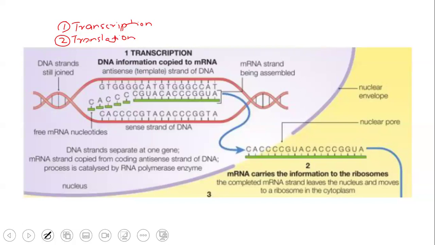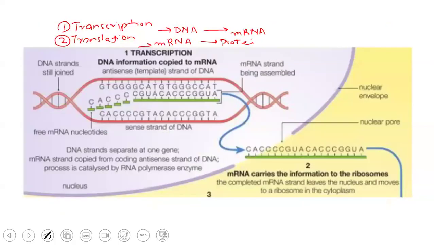In transcription, you take your DNA and use it to make something we call messenger RNA. I will explain what that is. In translation, you take the messenger RNA and use it to make a protein.